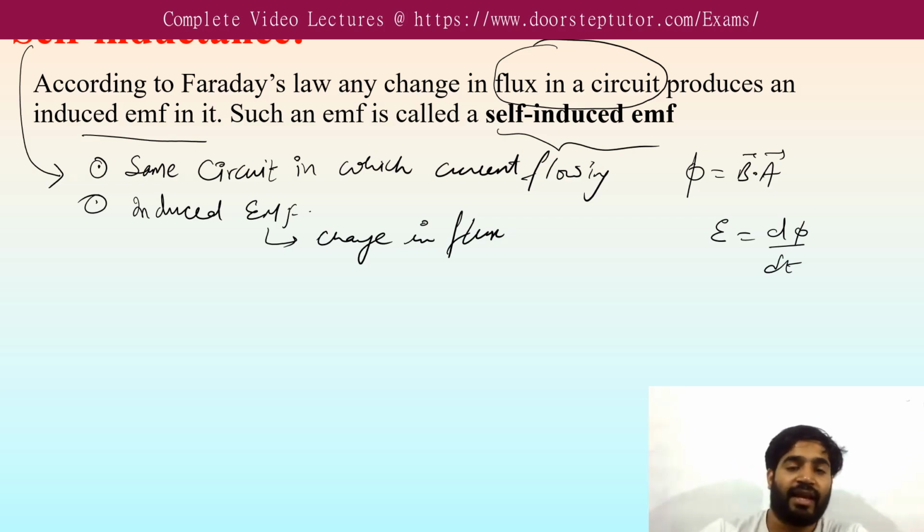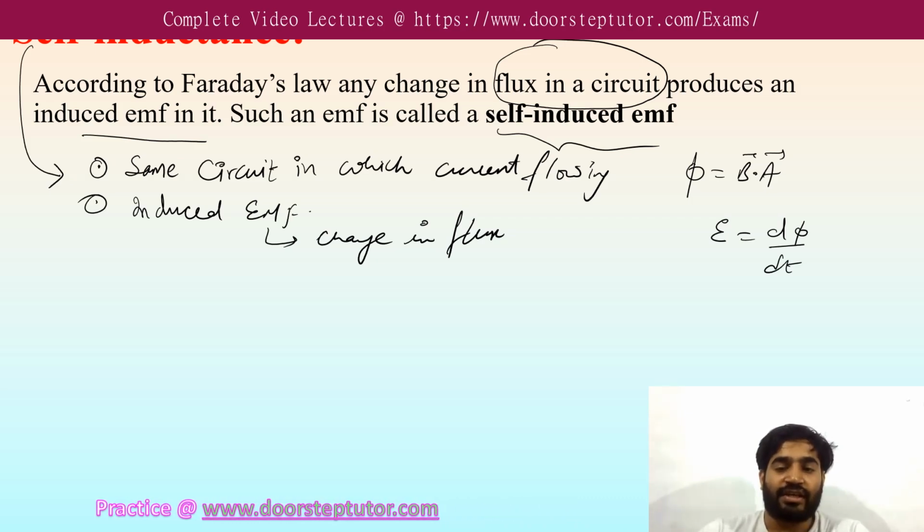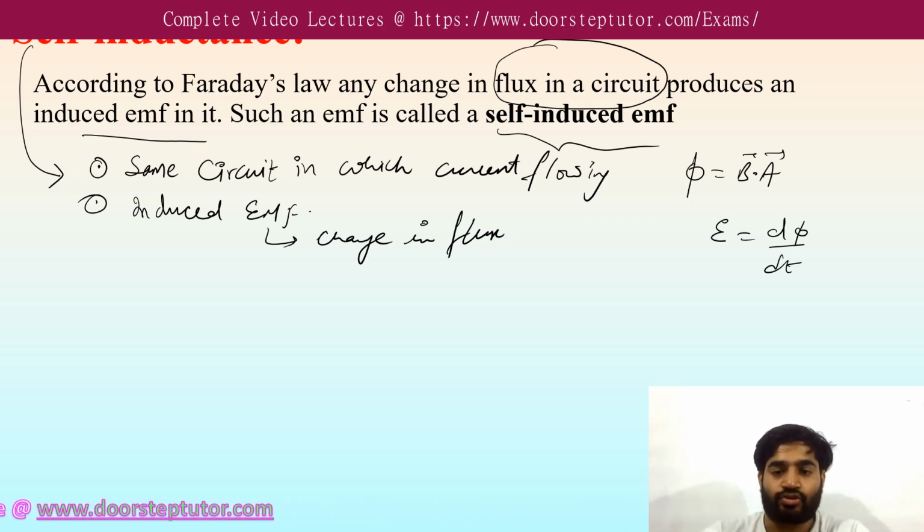Now what does Lenz say about this? Lenz says that whenever self-induced EMF is there, it always opposes the change in the current that causes the EMF, and that makes it more difficult for variation of the current to occur.